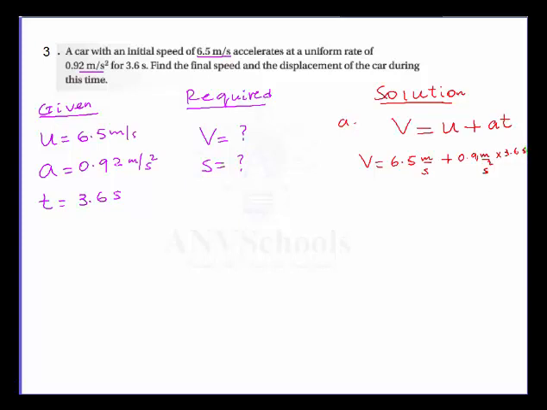Now cancel the second by this second square, then we will have final velocity equal to 6.5 meters per second plus multiply 0.9 by 3.6. You can use a calculator. 3.6 multiplied by 0.9 is equal to 3.24 meters per second.